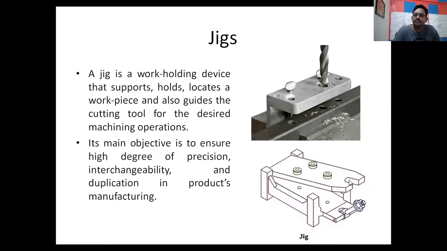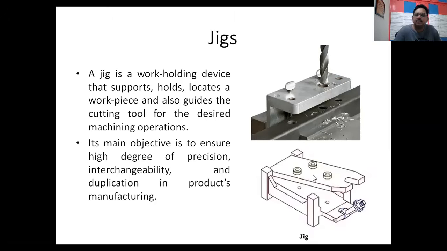See here, it's a clamp. This we will turn to this side. So what we will do is, we will make an opening here, and we will keep our workpiece here, then we will close this top plate, and we will fix it with the help of this bolt and nut.